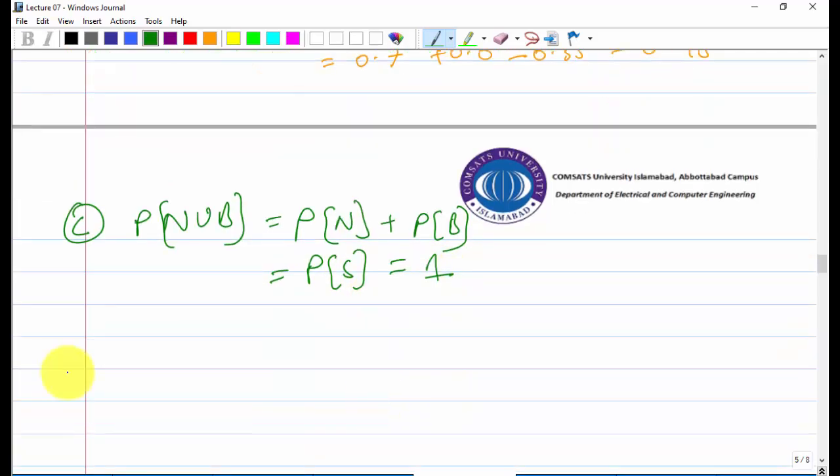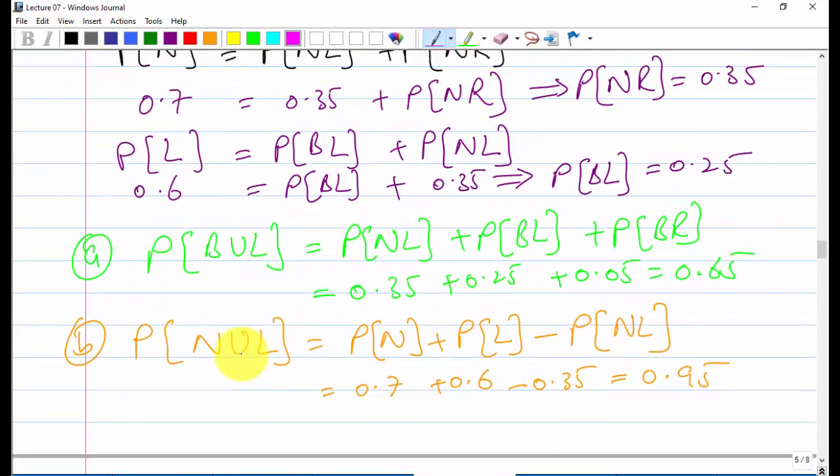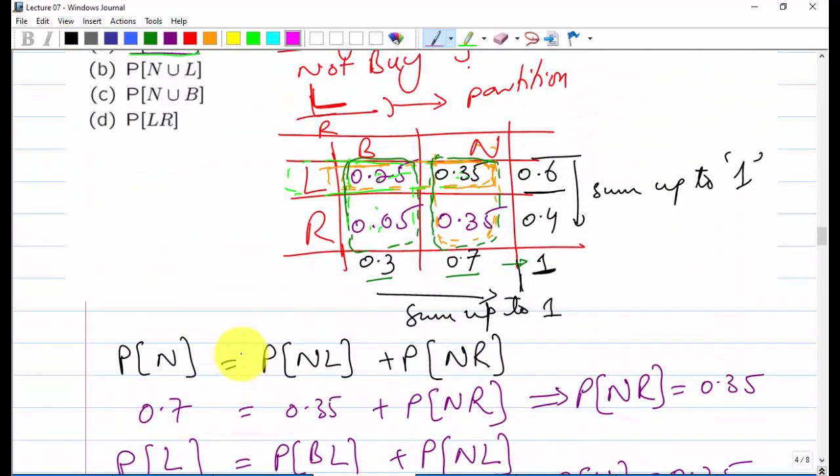Now the last part, I will try to choose some other color, say this one. So probability of LR, probability of intersection of L and R. Now if we see the probability of intersection of LR, from here we can see that these are a partition, and by the basic definition of partition, they must be mutually exclusive and collectively exhaustive.